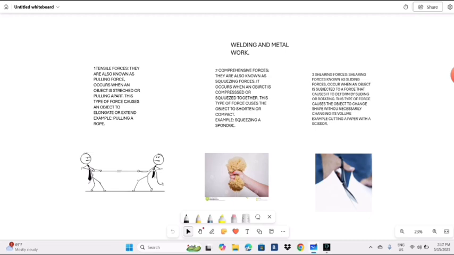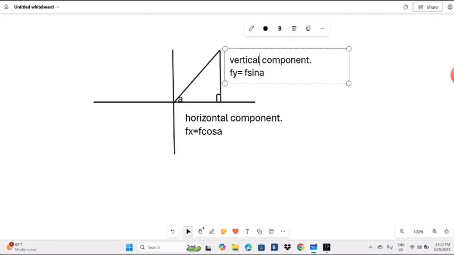Now we're gonna move straight to how to calculate vertical and horizontal components. I'm going to show you guys how we calculate our vertical component and our horizontal component.